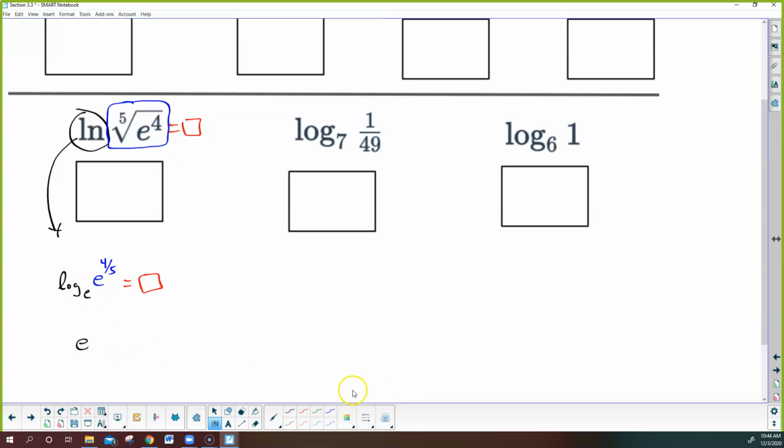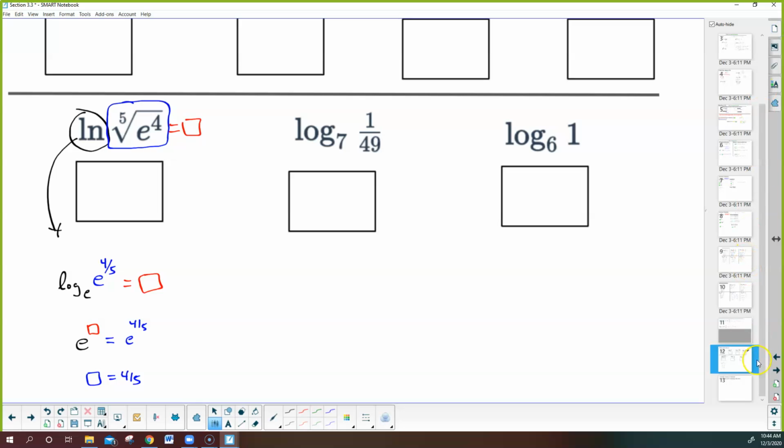Is e to the power of the answer has to equal whatever we were taking the log of, and now notice the same base, so the box has to equal 4/5. Okay, all the other ones we've done before. This one was just a little extra, little tricky.